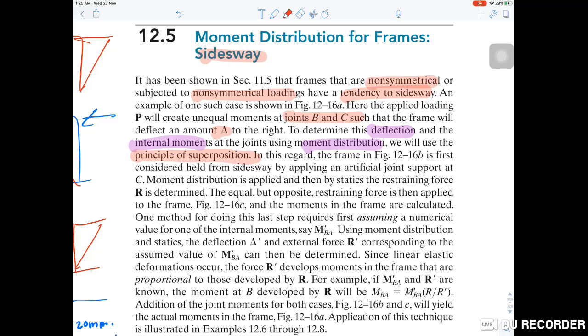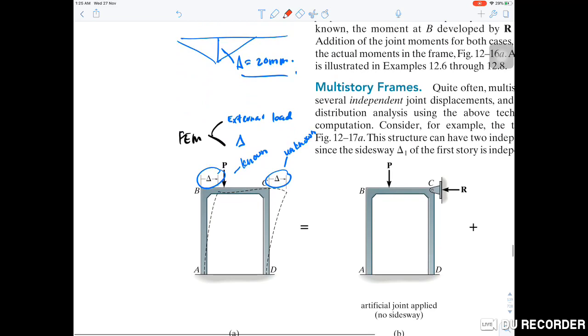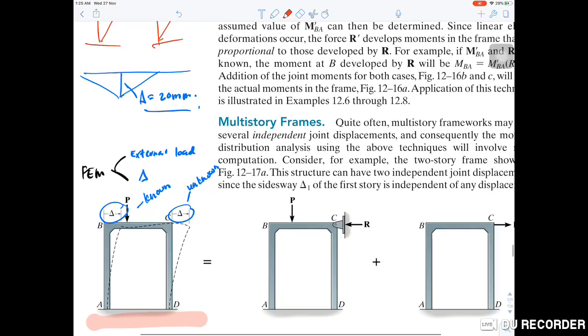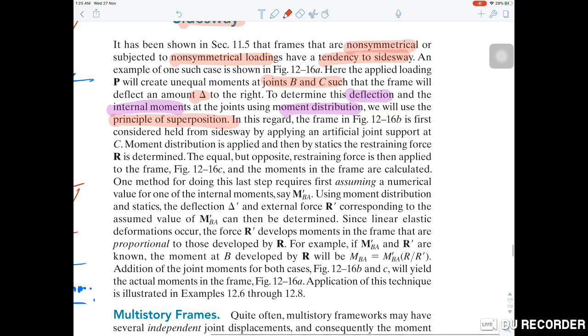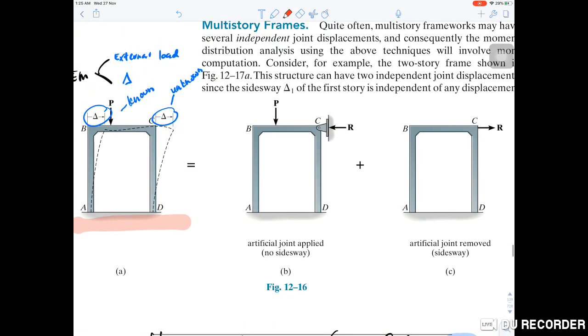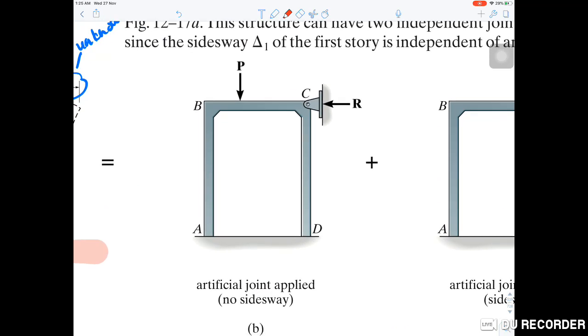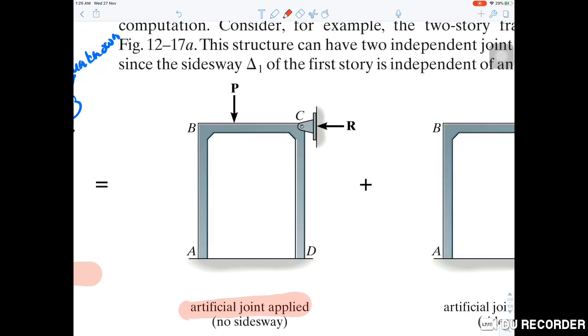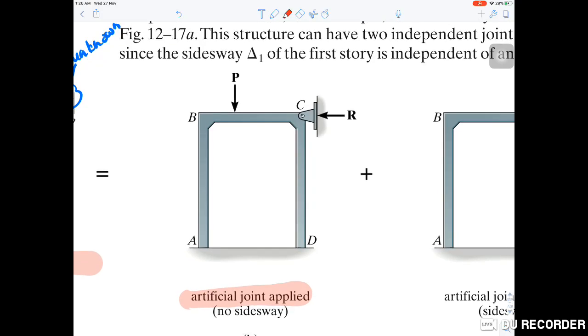Again, we use the same principle to determine the end moment in this frame. Let's look at diagram B. It is called artificial joint applied. Artificial joint applied means that, just now, we assumed the frame tends to sway to the right direction.